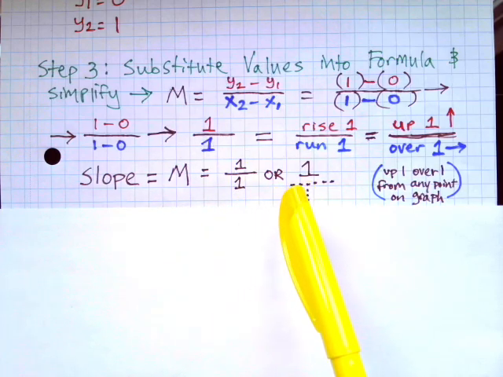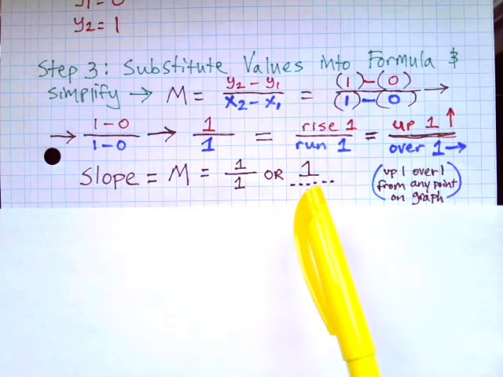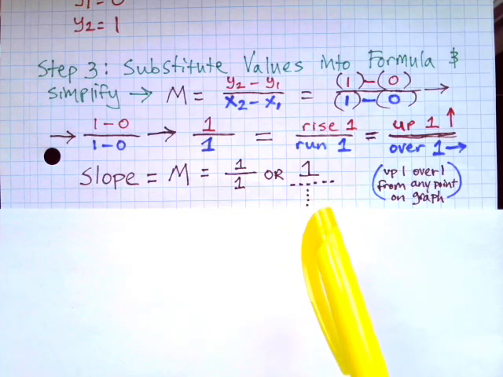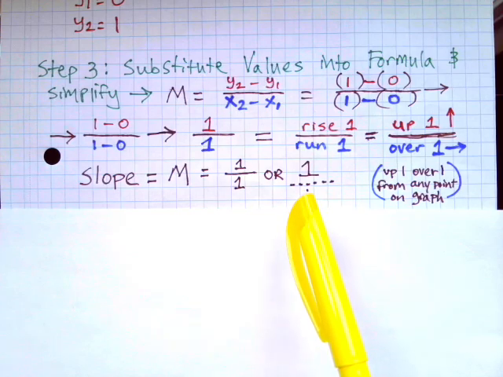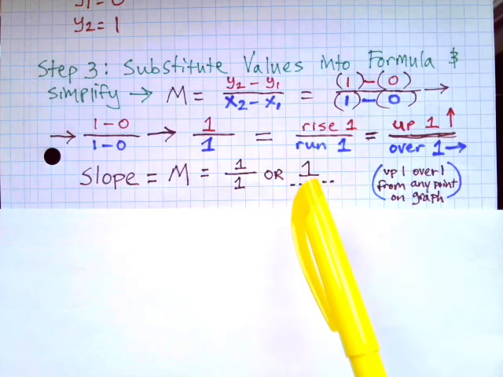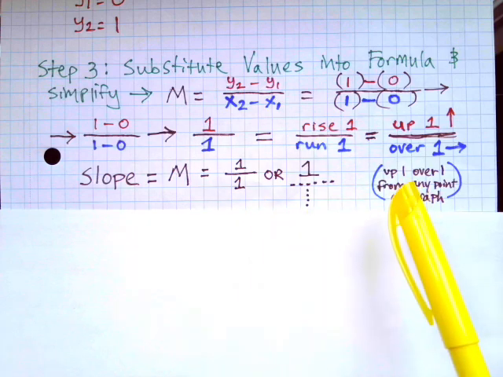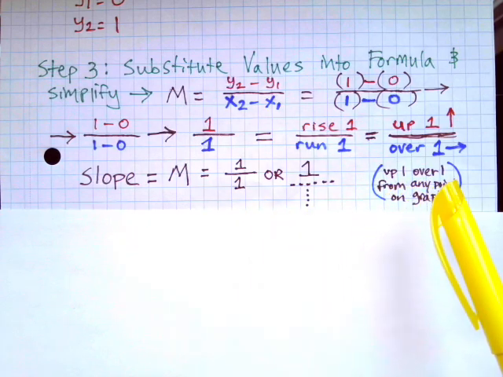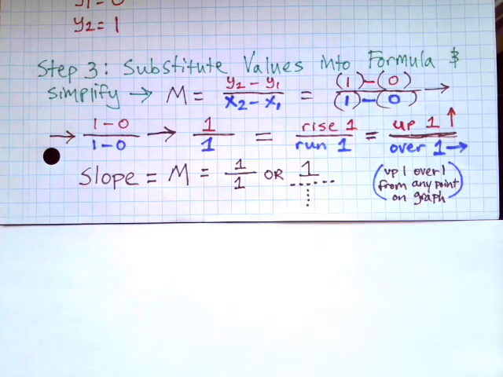Or sometimes you just see that invisible 1 underneath the whole number or your coefficient. Always a 1 in the denominator's place unless there's another value given. So 1 over 1 is our slope. Up 1 and over 1 in a positive x direction from any point on the given graph.